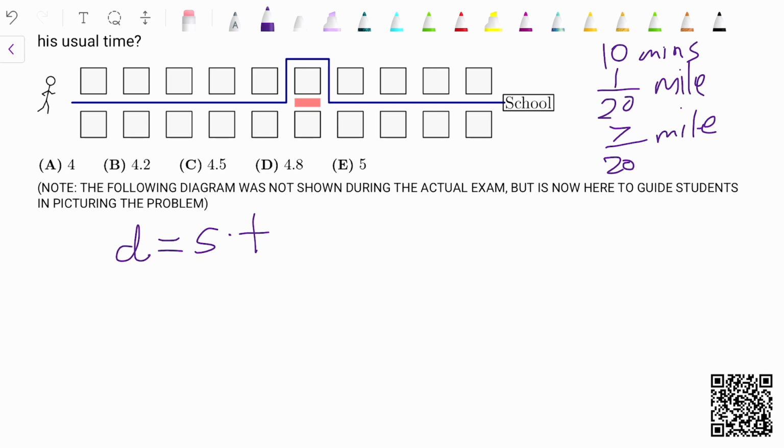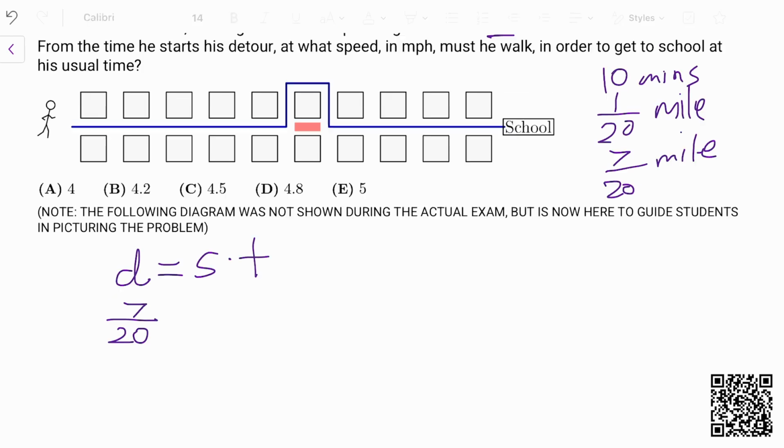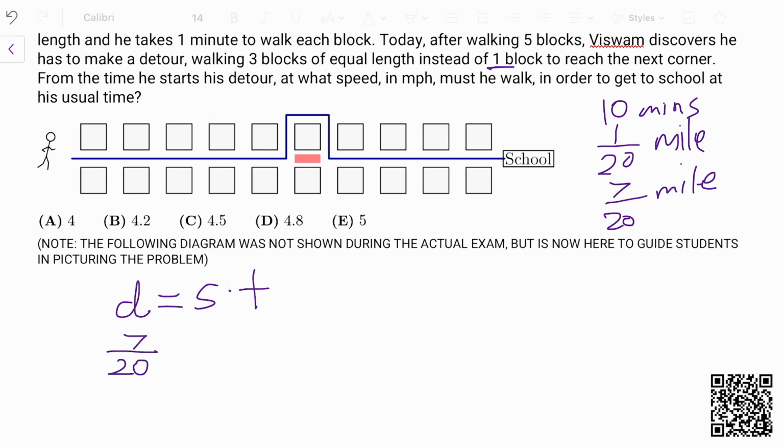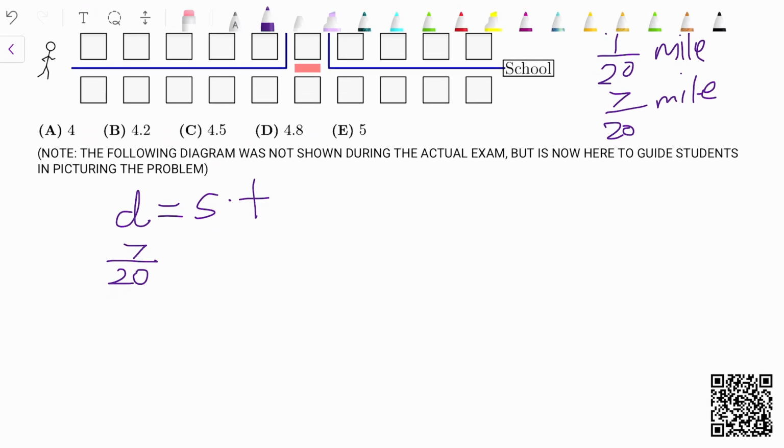Which means that we can start writing an equation. If we divide both sides by time to isolate the speed, we get 7/20ths. In this case, it's looking for miles per hour, so we have to convert 5 minutes, because he has 5 minutes left, to hours. Since 5 minutes is equivalent to 1/12th of an hour, we divide by 1/12 is equivalent to speed, which we don't know.